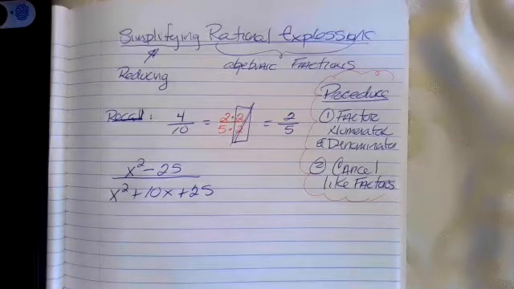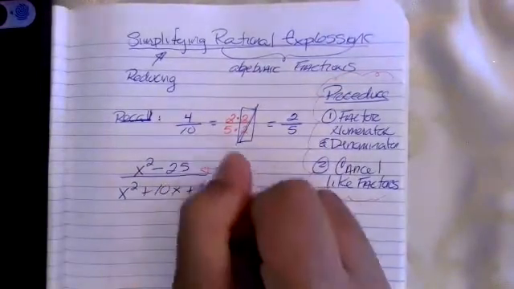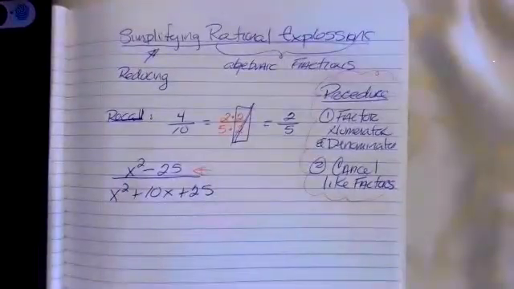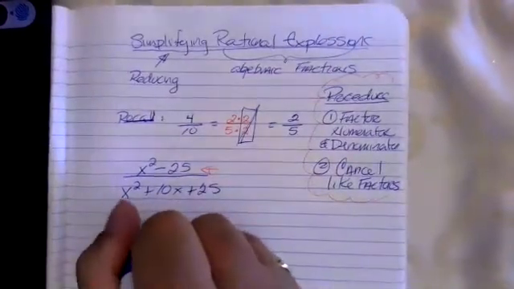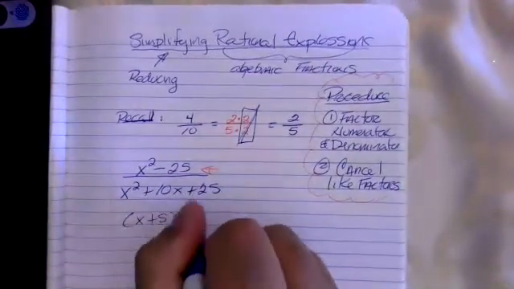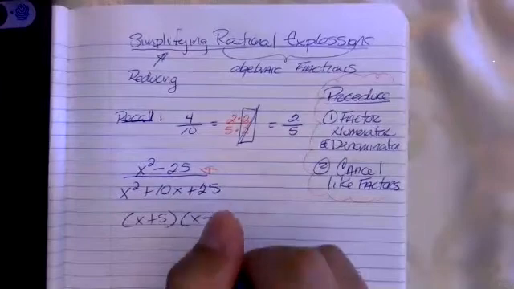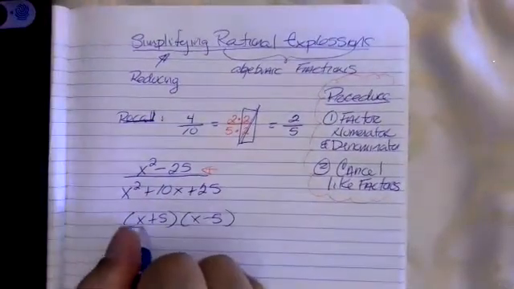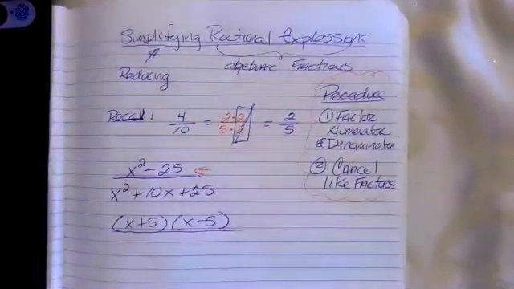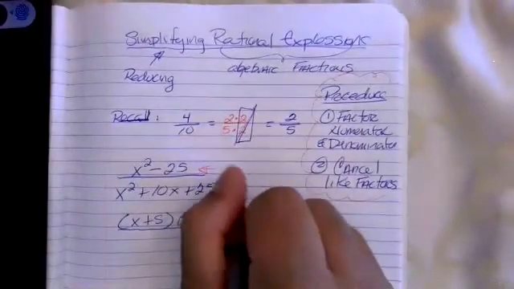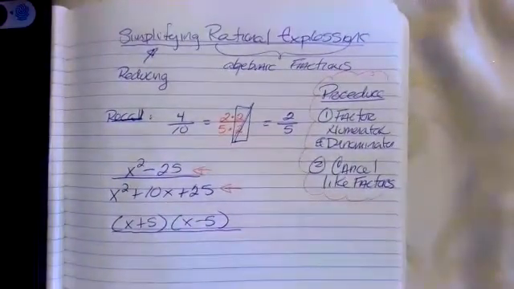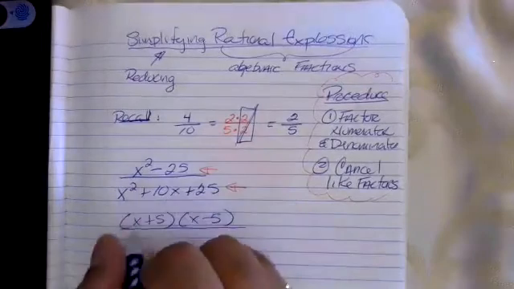Well, if we follow these procedures, factor the numerator, factor the denominator. If I'm factoring my numerator, this is the difference of two perfect squares. This could be factored as x plus 5, x minus 5, all over the factors of my denominator, which looks like it's going to be a perfect square trinomial.